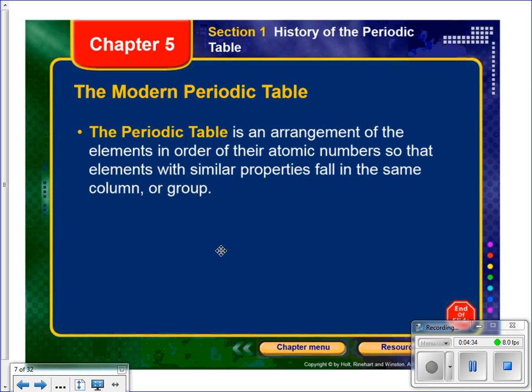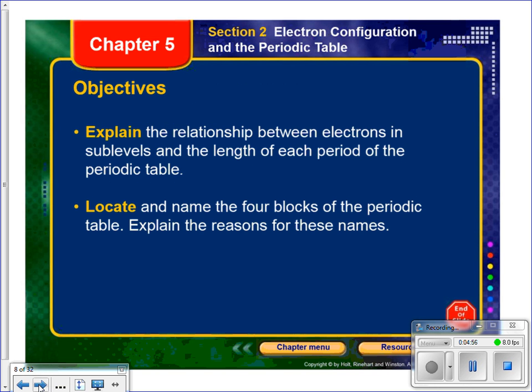So make sure with whatever term you use to label that table or that chart, it has the word periodic in it. So it's an arrangement of elements in order from atomic number, so that elements with similar properties fall in the same column or group. So not only do we have patterns going from left to right, but we also have patterns going from top to bottom. And we'll look at all of those in Section 3.